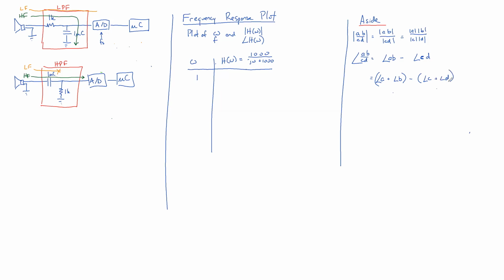Okay, so we've already found out what H of omega is when omega is close to 1 or very small. And we found it's equal to approximately 1. And again, that's because this is exactly this number. Let's start off with the magnitude of this.